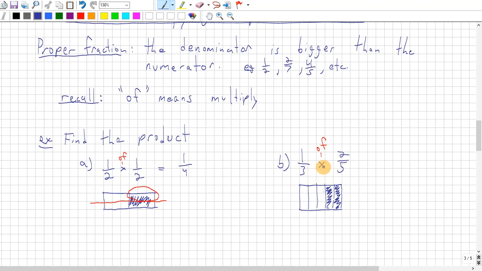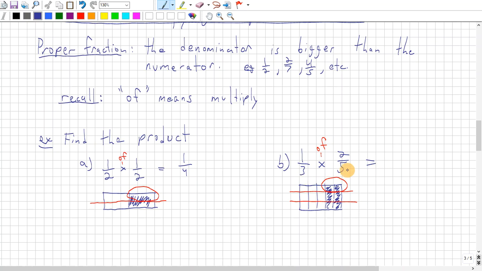1/3 times, and times means of, 1/3 of 2/5. So the diagram I have here is 2/5. 1, 2, 3, 4, 5. 2 of them are colored. We're going to cut this into thirds. I'm going to look at one section, because it's 1/3 times 2/5. 1/3, only 1/3, not 2.